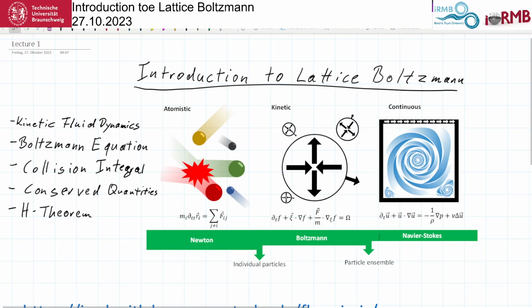Now, what we are talking about today is the Boltzmann transport equation, collision integral, conserved quantities, and something called the H-Theorem. Maybe some students from previous years told you this is very complicated because you get the H-Theorem. But the H-Theorem is a very interesting thing about nature.